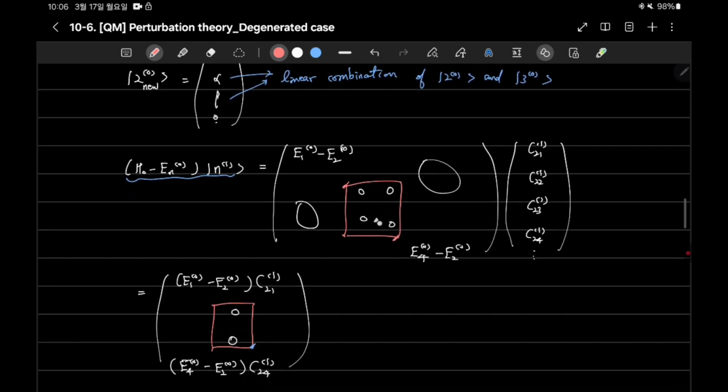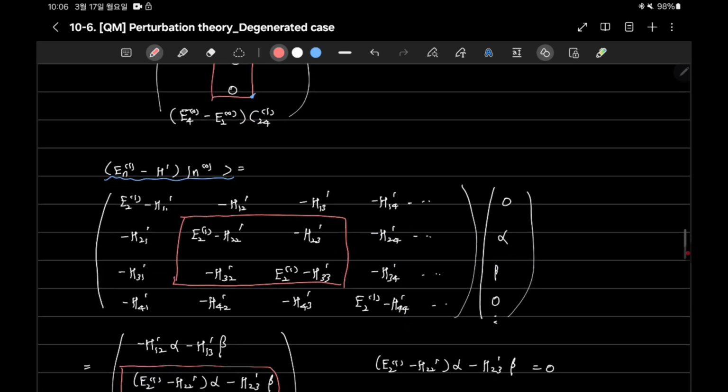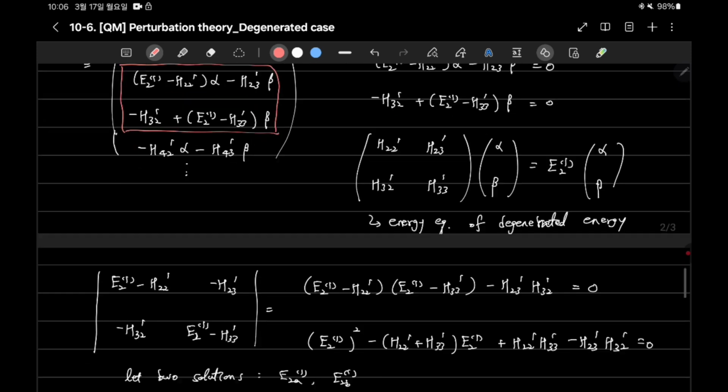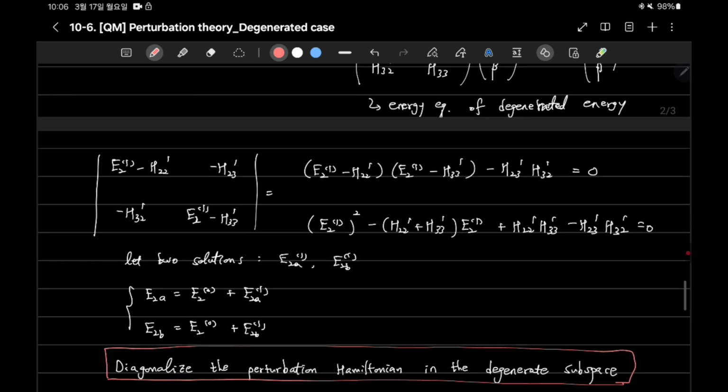In other words, it is a diagonalization, the same as diagonalizing the Hamiltonian matrix: the perturbed Hamiltonian elements 2,2, 3,3, 2,3 and 3,2. With n equal 2 and n equal 3 diagonalized, the determinant gives the energy eigenvalues.